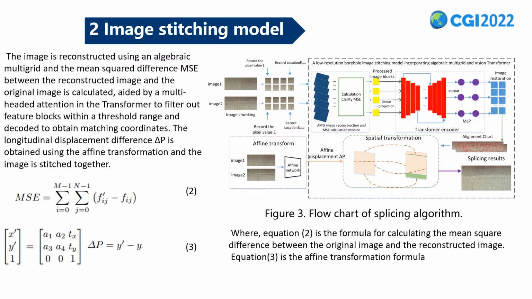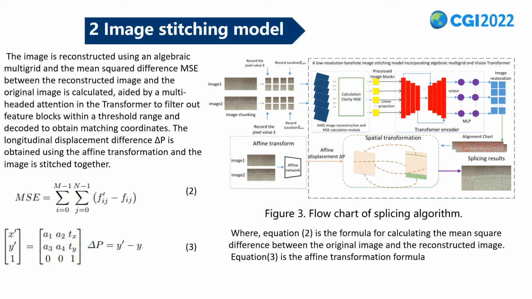Aided by the multi-head attention in the transformer, we filter out feature blocks within a threshold range and decode them to obtain matching coordinates. The longitudinal displacement difference delta p is obtained using the affine transformation, and the image is stitched together.